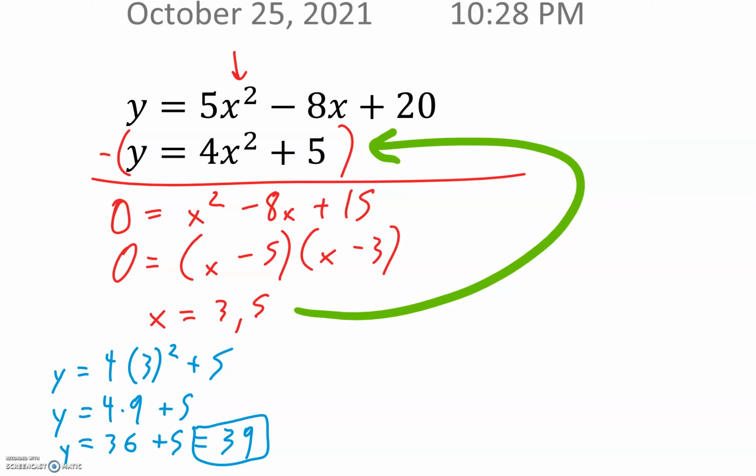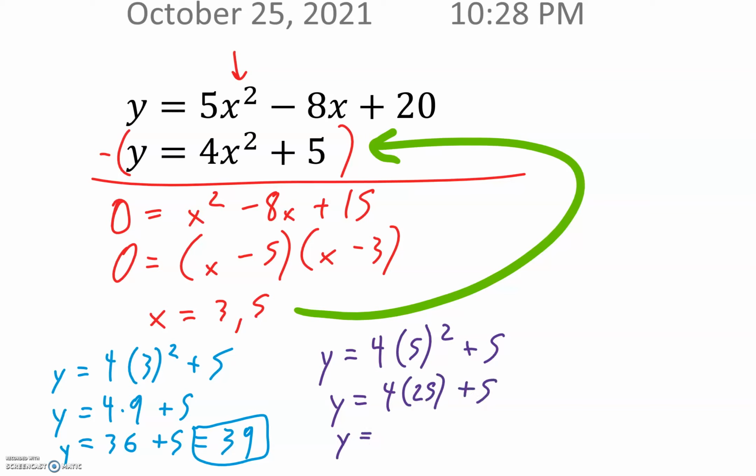I just did that because I'm doing it in my head, but you could simply plug it into your calculator and see that answer right away. Okay, I'm going to do the same thing, but now with the x is 5 option. So what we get for that would be 4 and 25 plus 5.